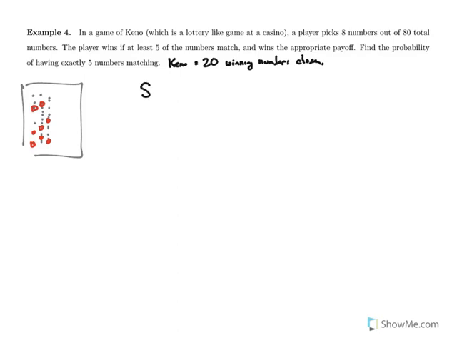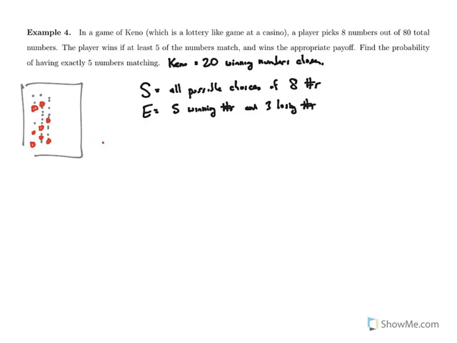So first of all, S, the sample space, is going to be all possible choices of 8 numbers. E is going to be where we have 5 winning numbers and 3 losing numbers.